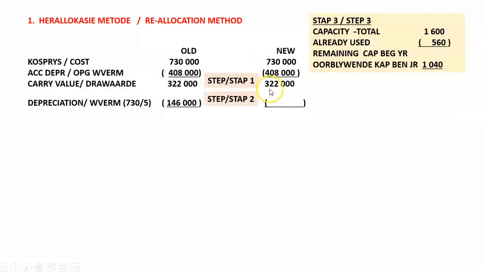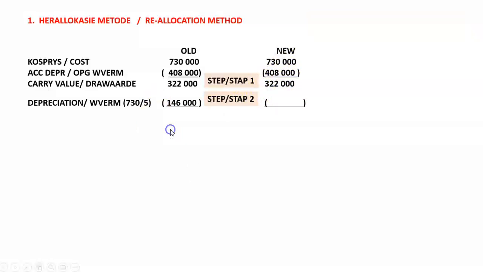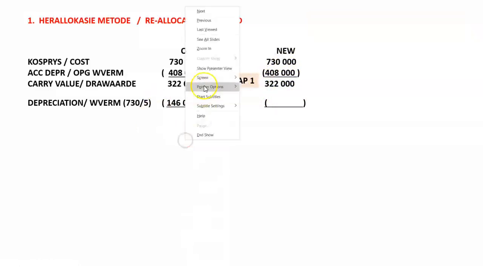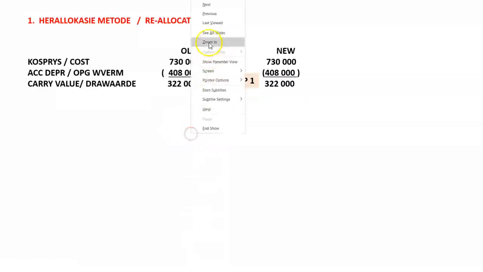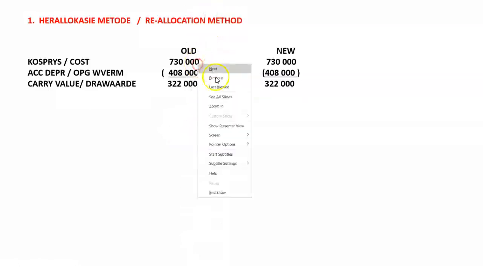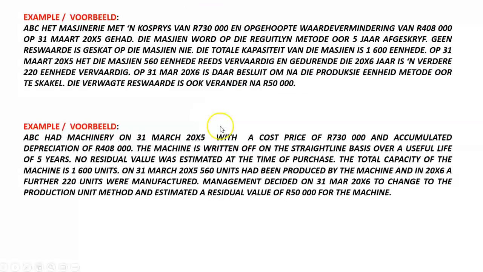determine my remaining lifetime or the remaining capacity of this asset that I'm re-estimating depreciation for now. Remaining, guys, and I want to take you back to the question itself. The total capacity of the machine was 1,600 units.